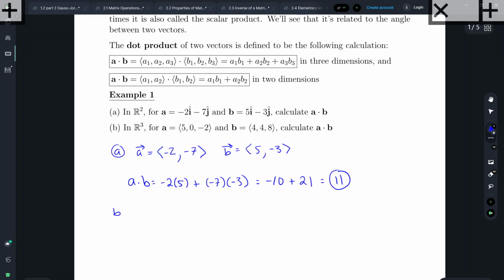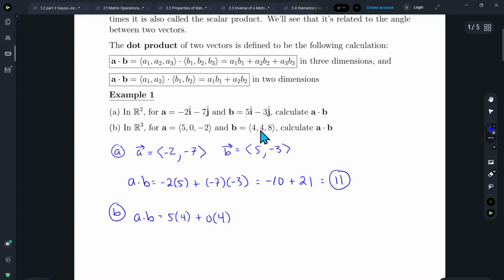Now let's take a look at B. Here we have two 3-dimensional vectors, and we want to calculate their dot product. Following a similar calculation as before, we multiply the corresponding components together. So 5 times 4, and then we add each of those terms up. So plus 0 times 4, and then plus -2 times 8.